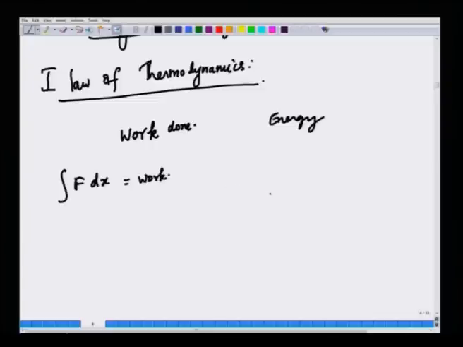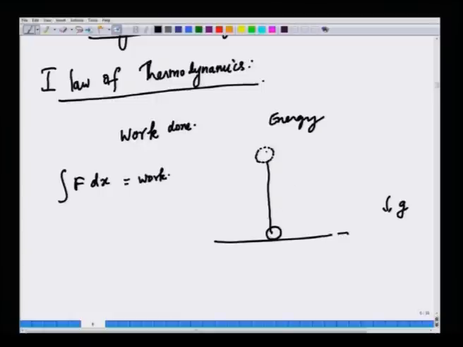For example, you could have a ball, okay, at the ground level, and let us say gravity is acting downward. So, suppose I apply a force over a distance and push this ball up. So, we have done work on this ball by moving this ball over a distance. Okay.